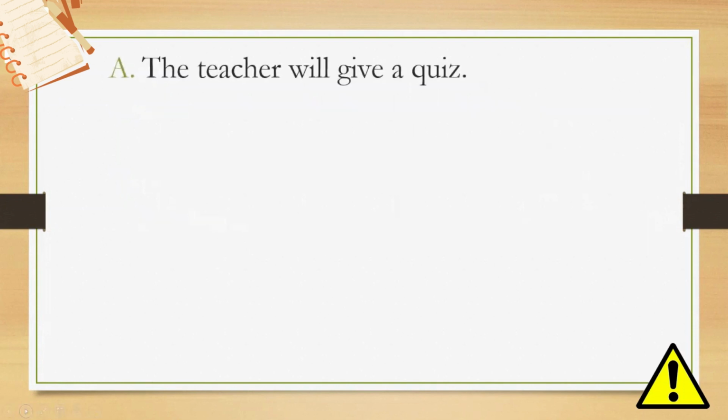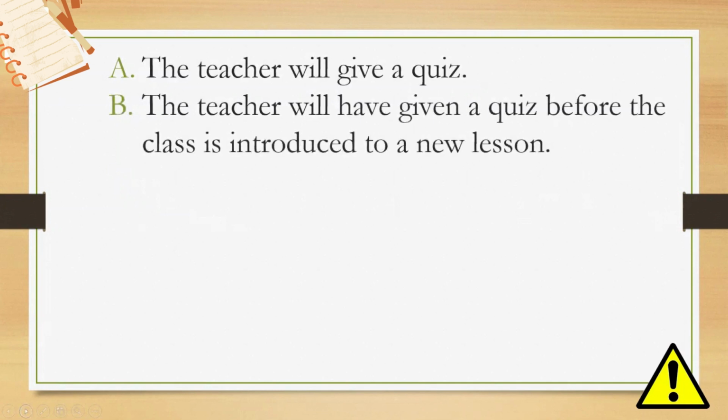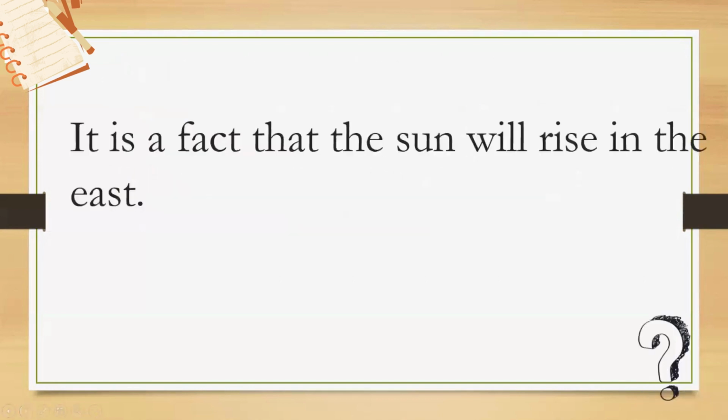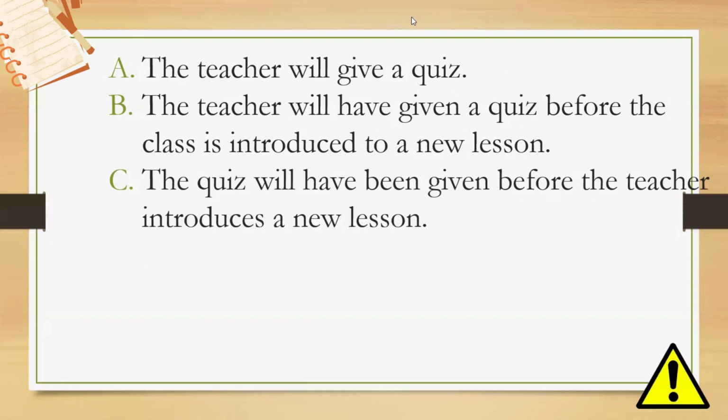Now, the teacher will give a quiz. The teacher will have given a quiz before the class is introduced to a new lesson. The quiz will have been given before the teacher introduces a new lesson. Here, we have future tense, future perfect tense.